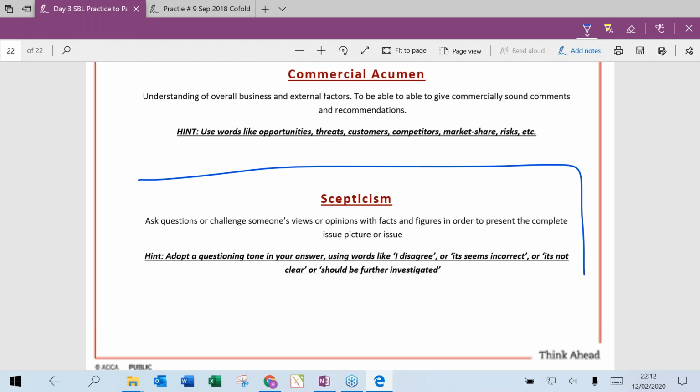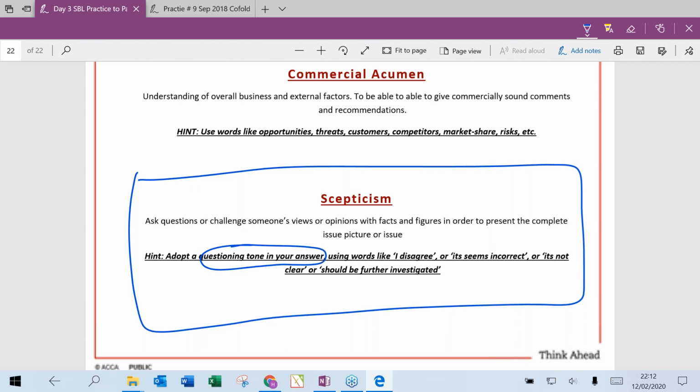How do you score skepticism? Adopt a questioning tone in your answer, using words like I disagree, it seems incorrect, it's not clear, should be further investigated. These are some pet words which you should use in your answer when the skepticism skill is required. You adopt a negative tone.